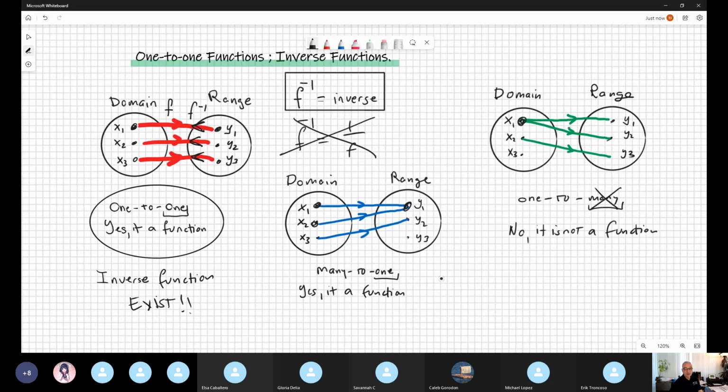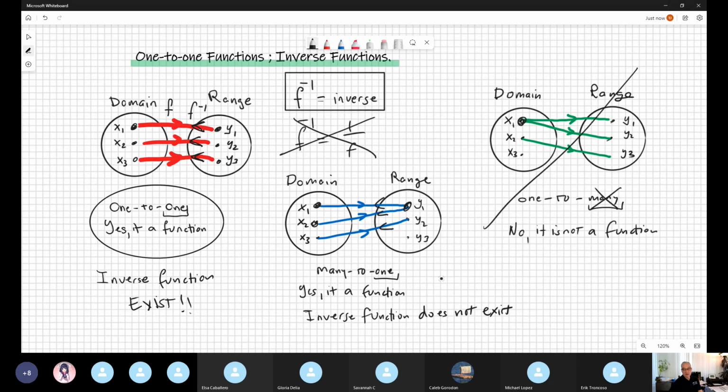And in this many-to-one, when you change the direction of the arrow, it becomes like a one-to-many. So it's not a function. In this case, the inverse function does not exist.